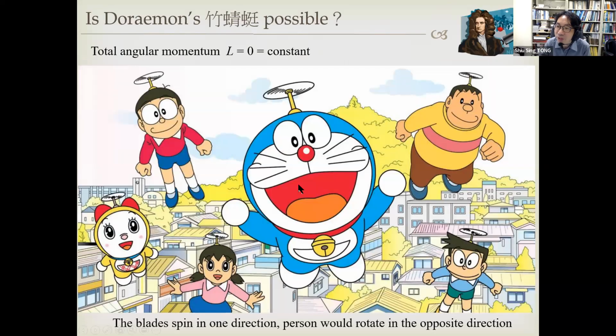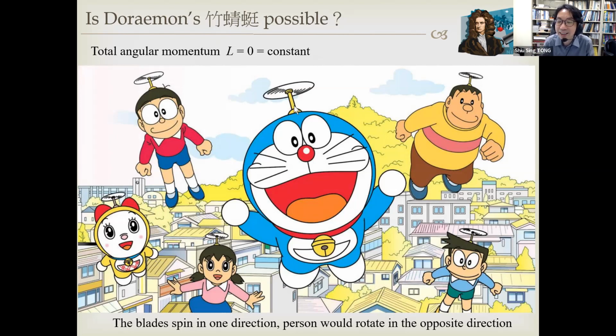Now, how many of you have seen Doraemon? Read Doraemon comics? Okay. Doraemon has a very interesting thing called, how do I say this, I don't know how to say it in English. 竹蜻蜓. 竹蜻蜓 is a kind of helicopter device that is put on Doraemon's head, so that when it rotates, it acts like a helicopter's blades.